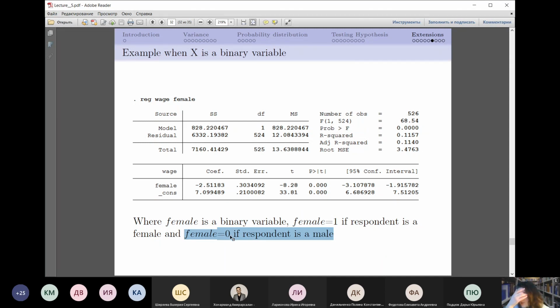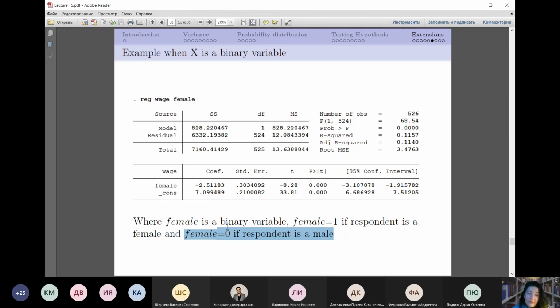So why do we need to define this base category? Because our interpretation of the coefficient associated with this variable is also in the context of the base category.